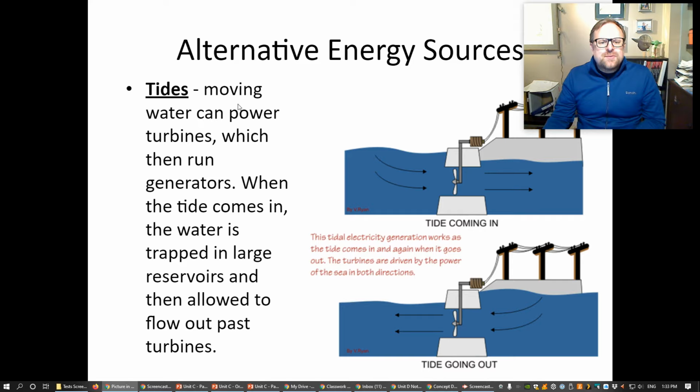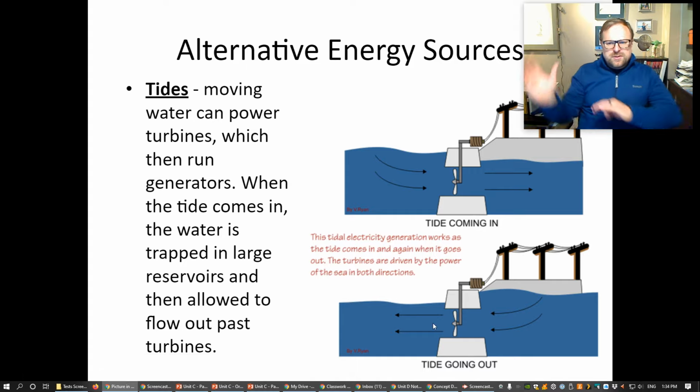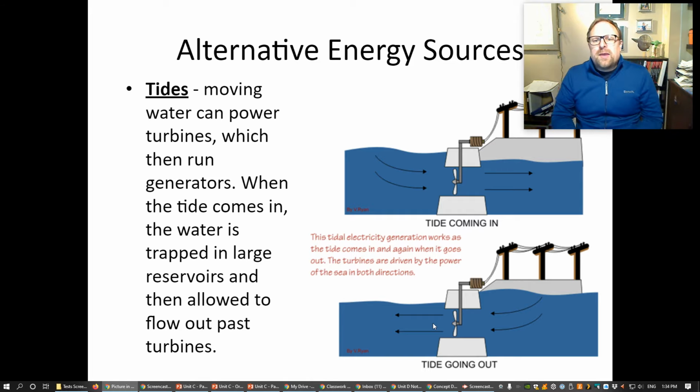So tides, moving water, can power turbines, which then run generators. When the tide comes in, the water is trapped in large reservoirs and then allowed to slowly flow past turbines to release. So when the tide is coming in, we gather this water, and that pushes past a turbine. And when the tide is going out, we can slowly release it as well and gather energy.